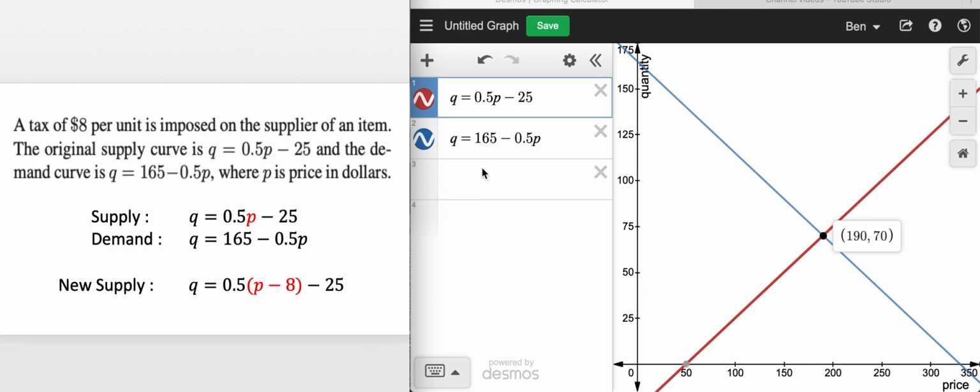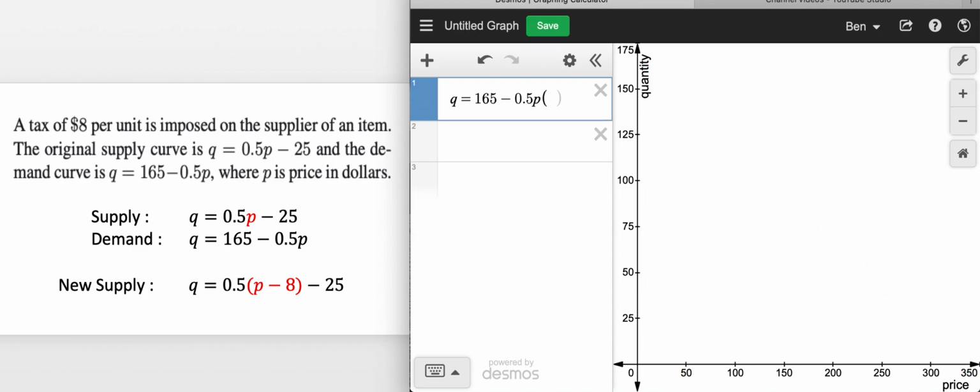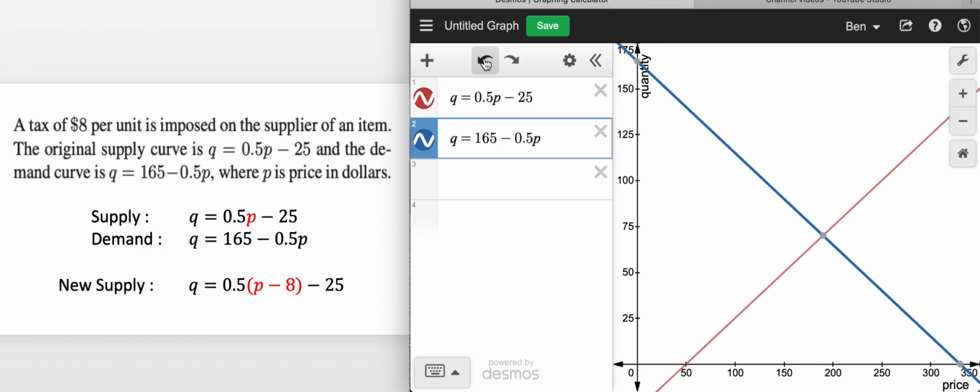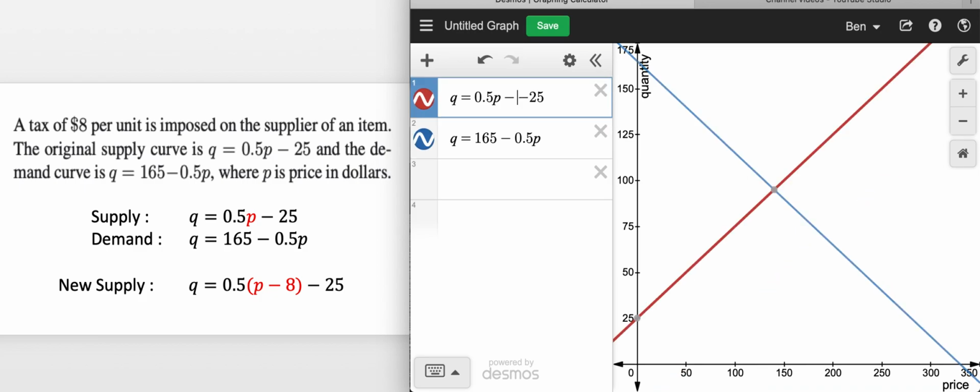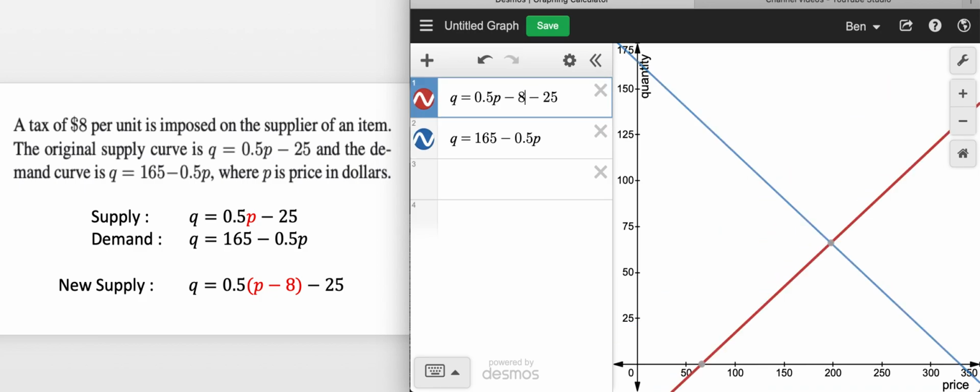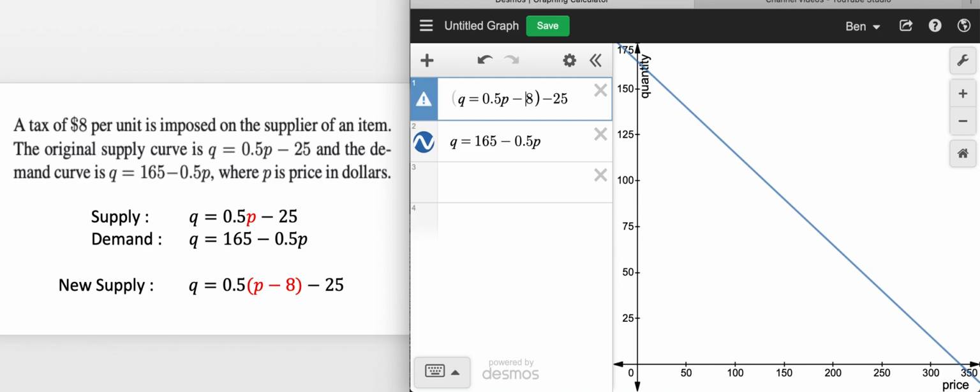So I'm going to go over here, and I'm going to create a function. Right here, I'm going to replace the P with P minus 8. So I'm just going to put in P minus 8 in parentheses right there where the P used to be.